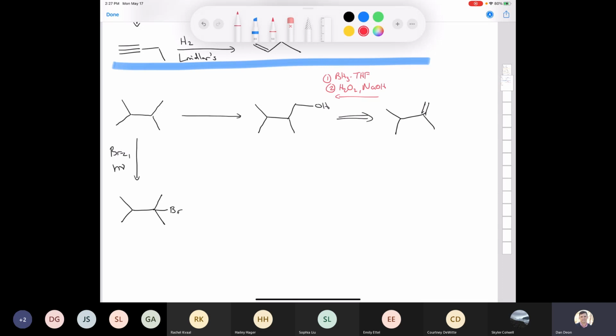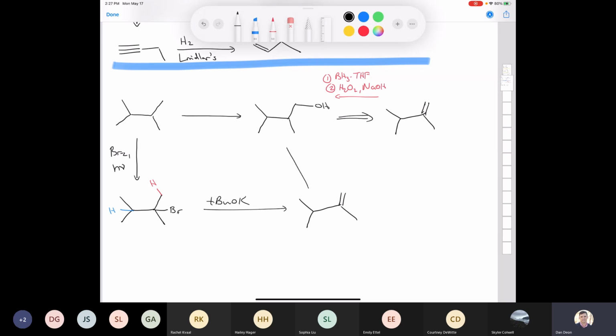Now, I have 2 types of beta protons, this one that I have written in red, and this one written in blue. If I want to pull off the one in red to make the Hofmann alkene, what am I going to do? I'm going to treat it with a hindered base, like potassium tert-butoxide, which is going to produce that alkene that I wanted to make from the beginning.